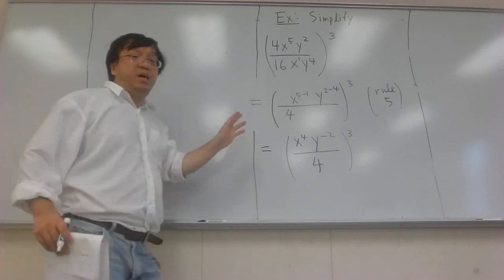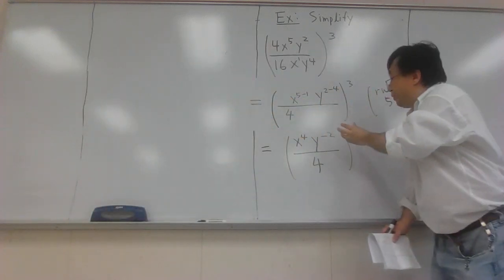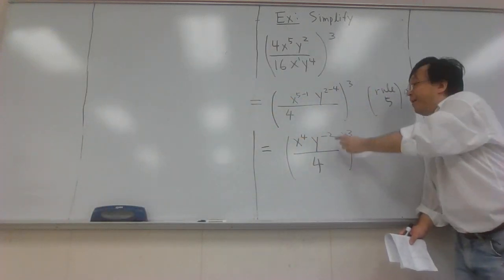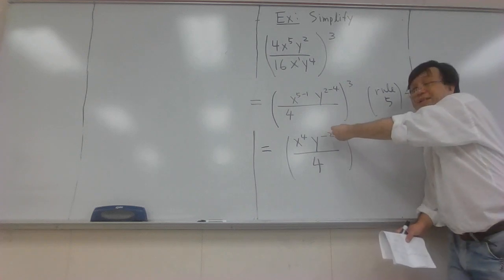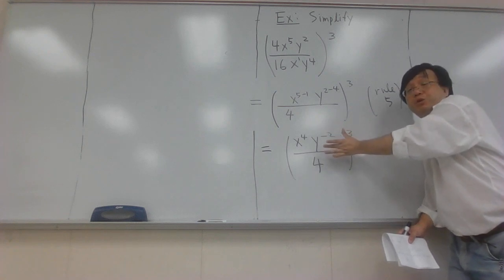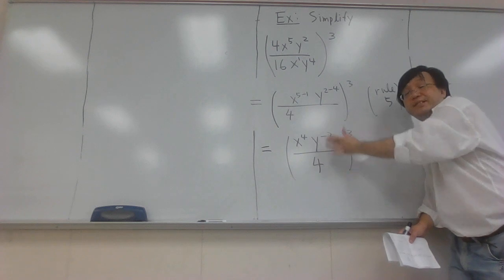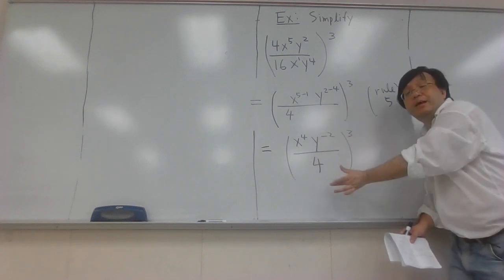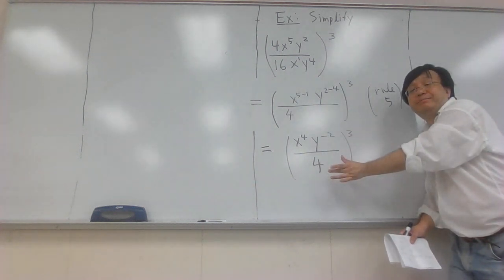Next, to clean this up a little bit more, let's bring this y to the minus 2 to the bottom and make this minus 2 into a positive number. To do that, we use the rule which says that we can move exponents up and down fractions, but we have to change the sign of the power.